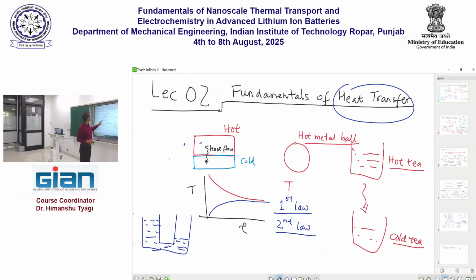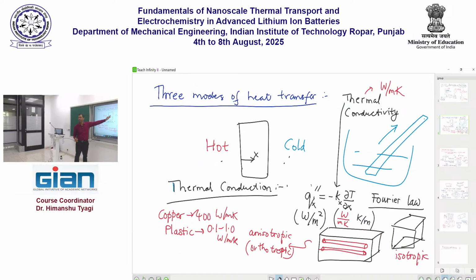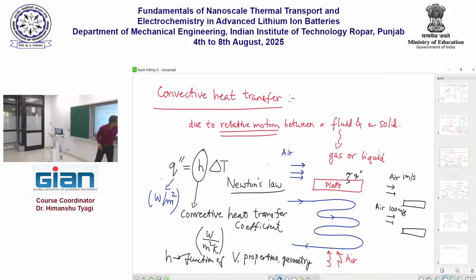Just to repeat, conduction is the flow of heat within a solid body because of a temperature difference, governed by a very simple Fourier's law in which the thermal conductivity appears, and convective heat transfer is the flow of heat because of relative motion between a fluid and a solid body, which is also governed by a very simple law, except that the convective heat transfer coefficient H is not a property of anything, right?